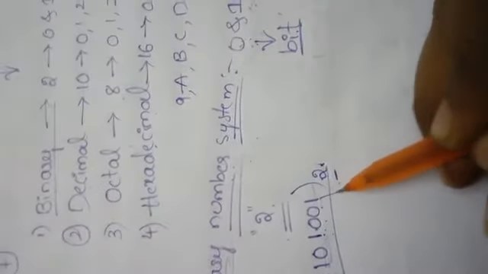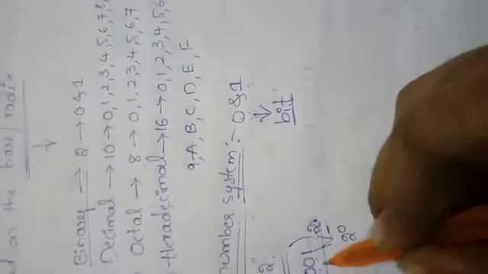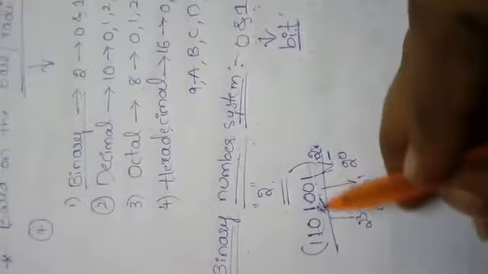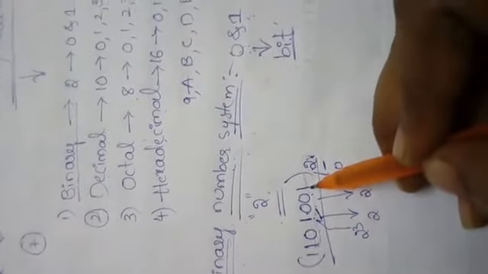Whatever number we represent in the brackets is related to the binary number. The weight or value of each bit is expressed as powers of the base, that is 2 power 0, 2 power 1, 2 power 2, and 2 power 3. So each digit can be expressed in powers of the base.